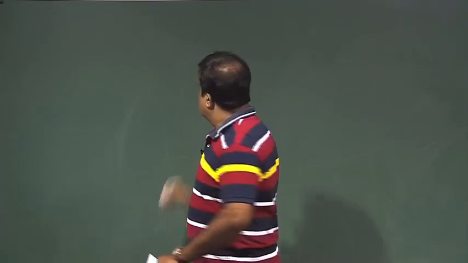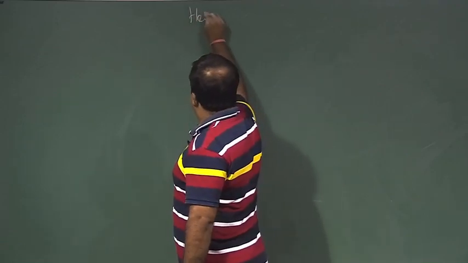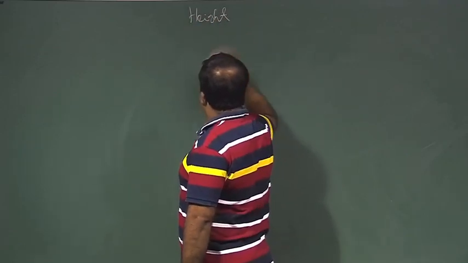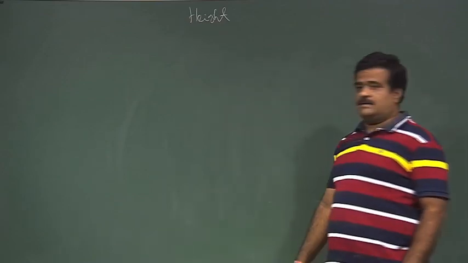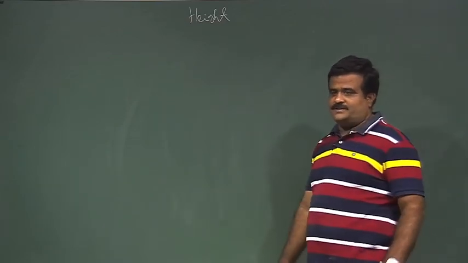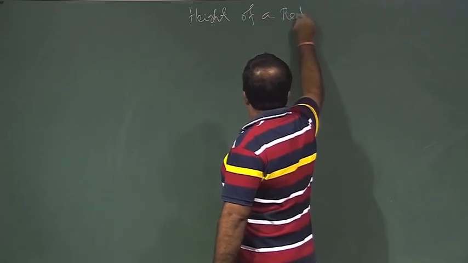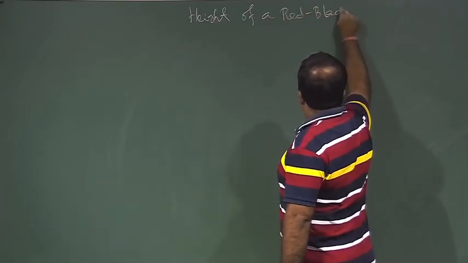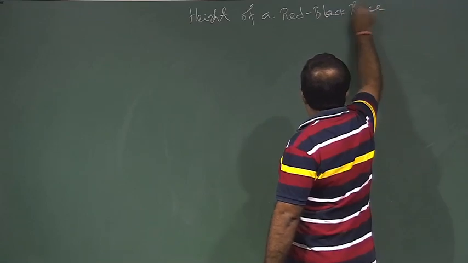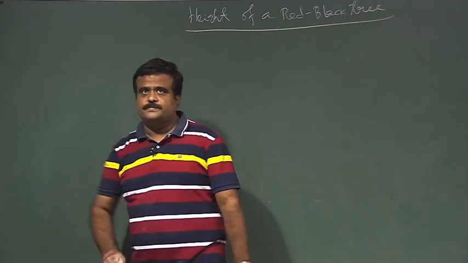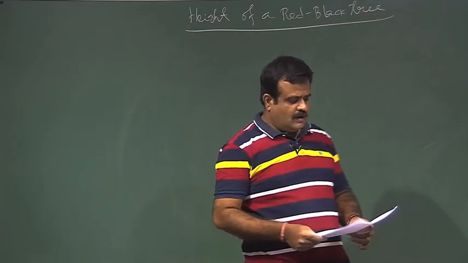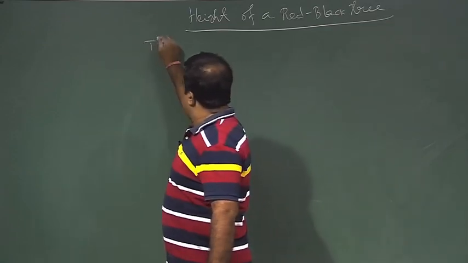So let us talk about the height of a red black tree, and let us establish that this is a balanced tree. Height is log n. So, we are proving this by this theorem.